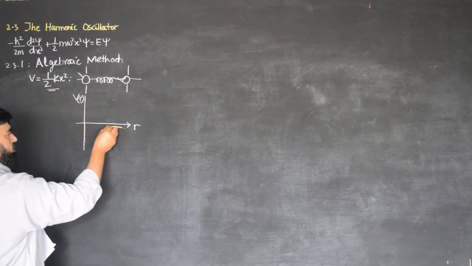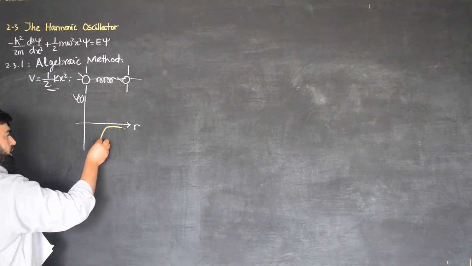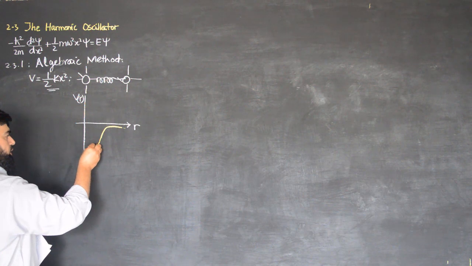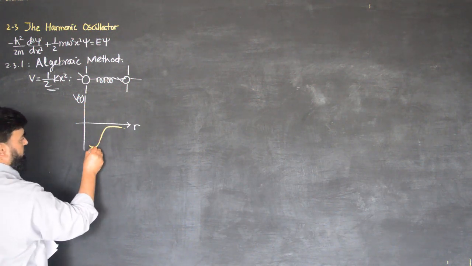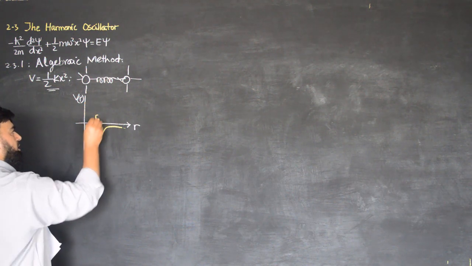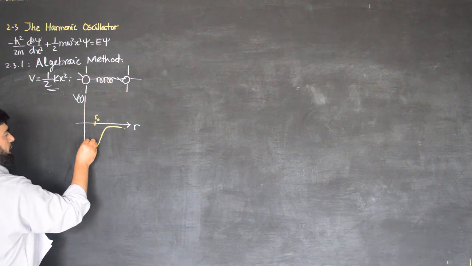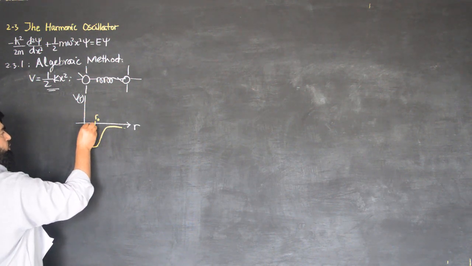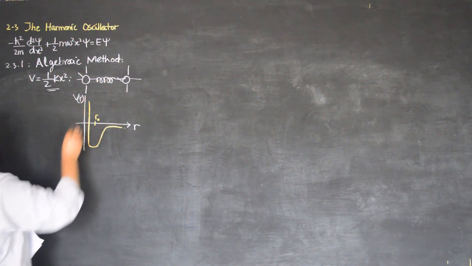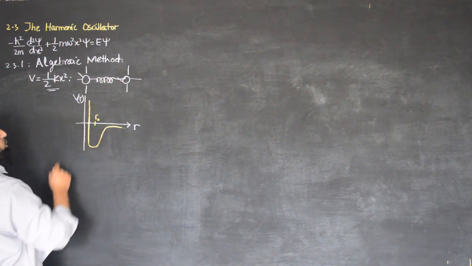As the atoms go closer to each other, there is more attraction, and then after a certain distance, let's say r naught, the equilibrium distance, we have a repulsion between the atoms, and the potential becomes repulsive after this point.